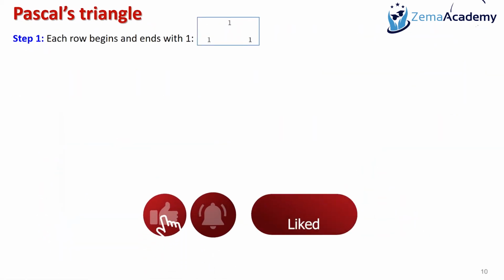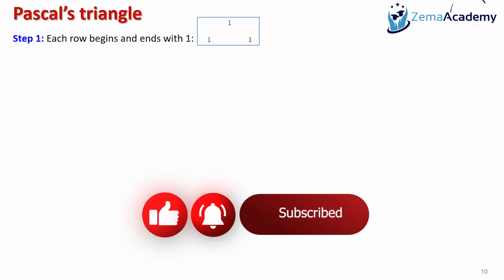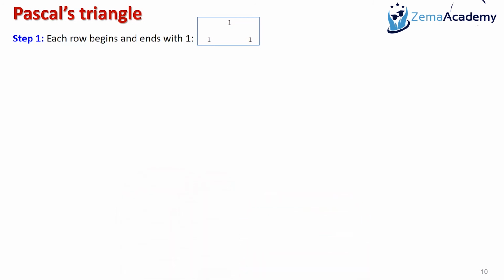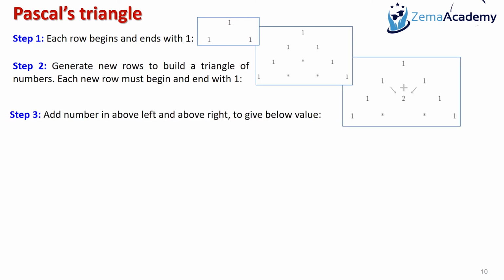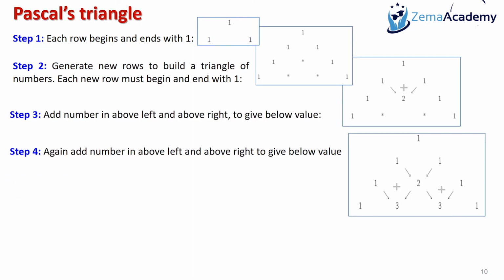So you have just found out a way that if you have a binomial term with an exponent n, then you can use Pascal triangle to solve that binomial term. This slide is just explaining the step individually.